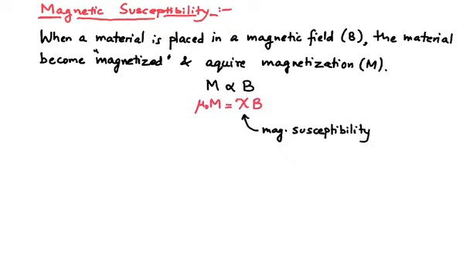So mu naught M is equal to chi B, and here chi is the magnetic susceptibility. Depending on the value of this magnetic susceptibility, we can further categorize such materials as either paramagnetic, diamagnetic, and so on.